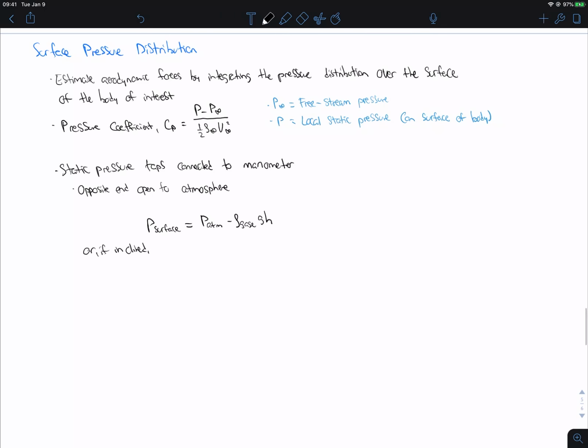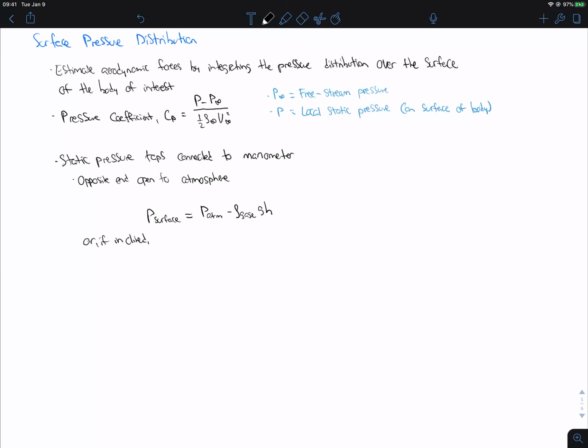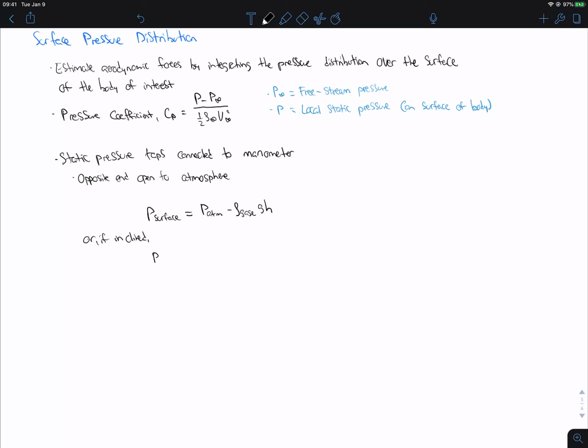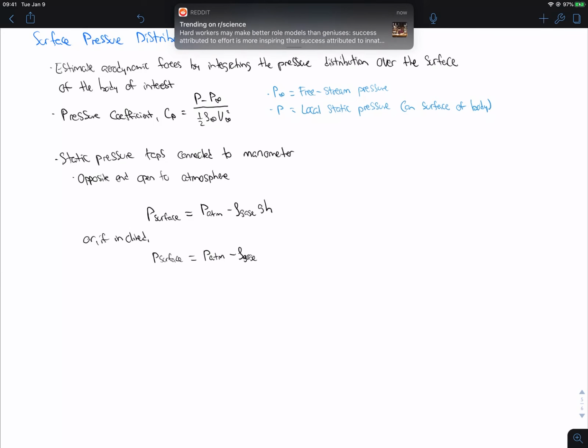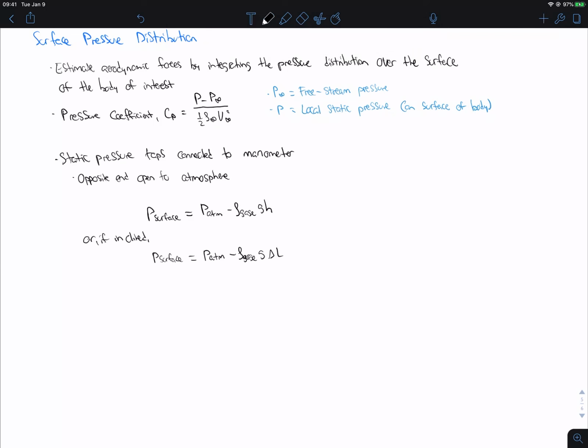If the manometer that we're using is inclined, then P surface is equal to the atmospheric pressure minus the gauge density times gravity times delta L times sine of theta.